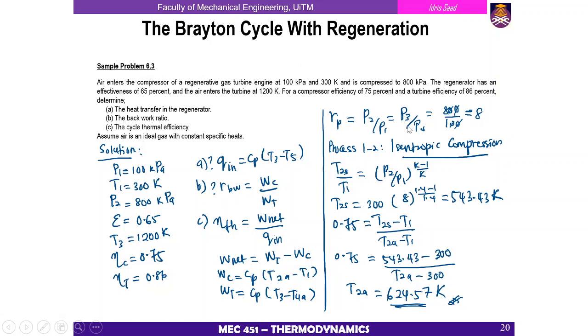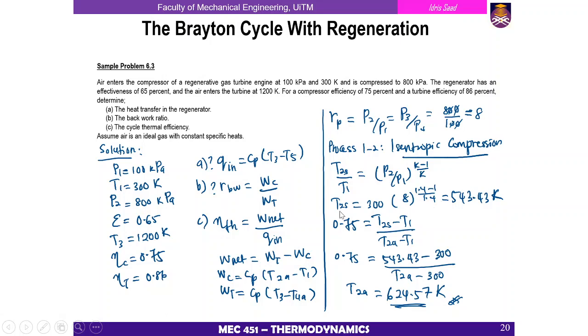So from this pressure ratio, we can determine the temperature at isentropic point 2, which is 543.43 Kelvin.